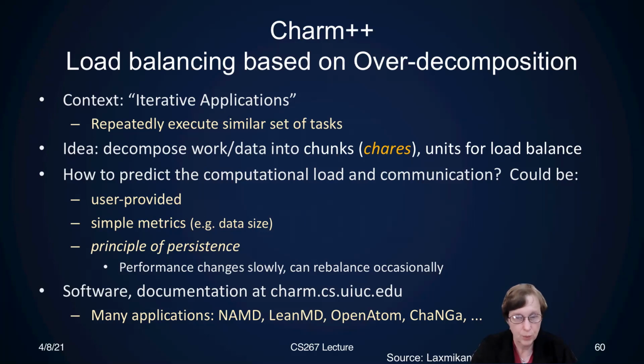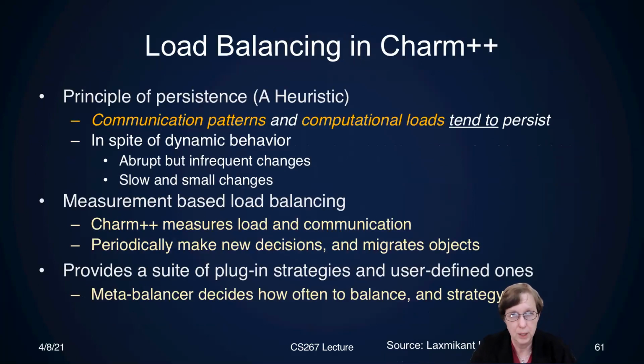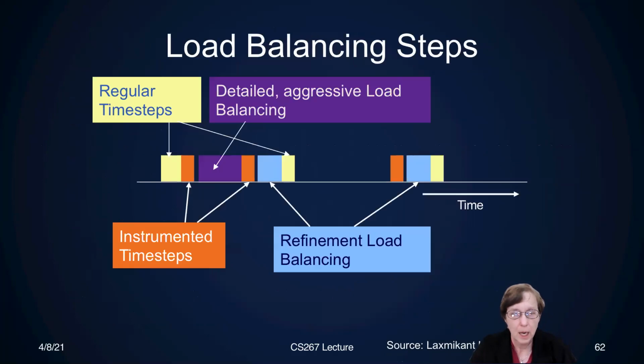And this is used especially in a very well-known molecular dynamics code called NAMD, but also in another large set of applications. And so what they do in the runtime system is they'll look at the execution, they'll instrument a certain set of the time steps and collect information about how load balanced things are. And then they will aggressively load balance things and then execute them.